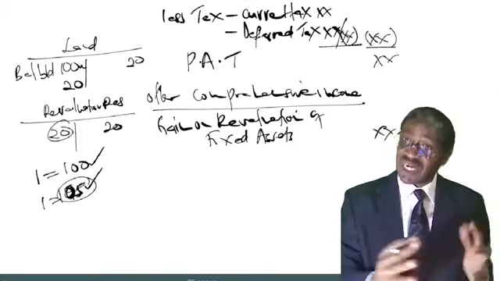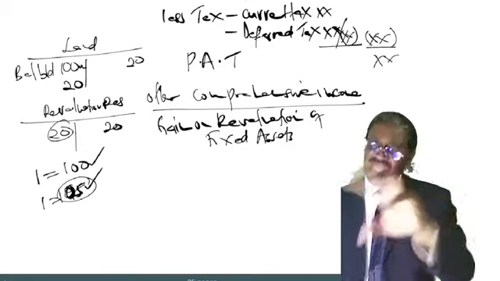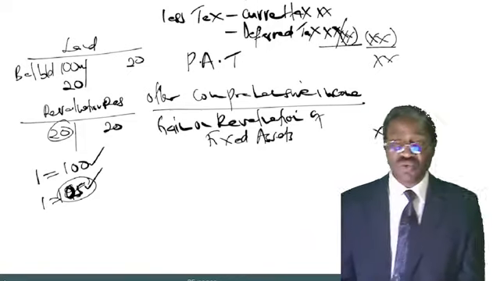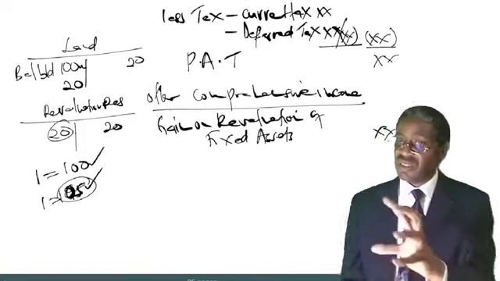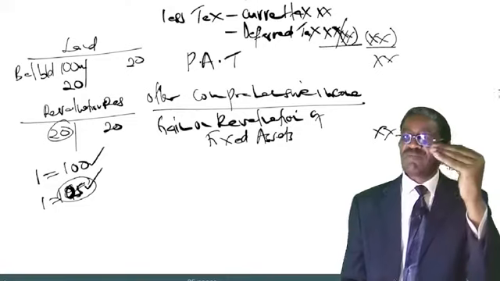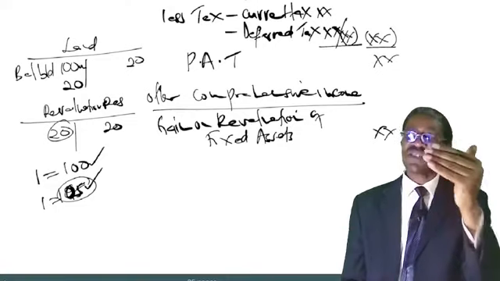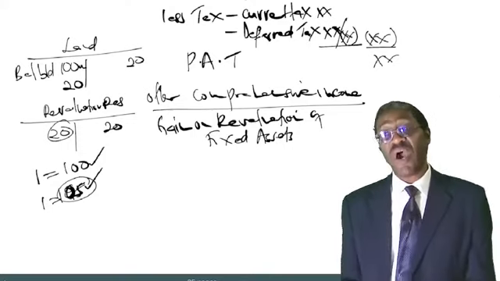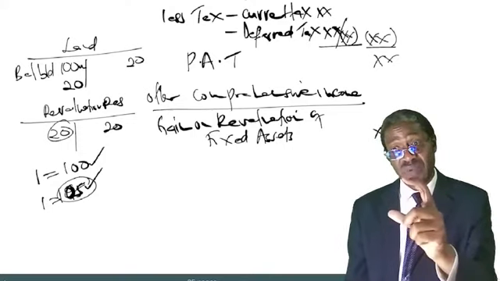Whenever you have foreign currency transactions, that gain or loss on translation, I may not talk about all of them now, but there are some of those gains or losses that you may be required not to take to the income statement.